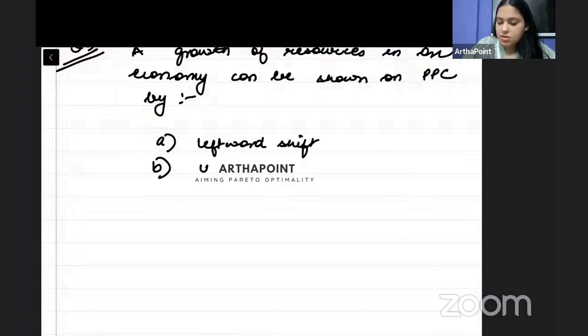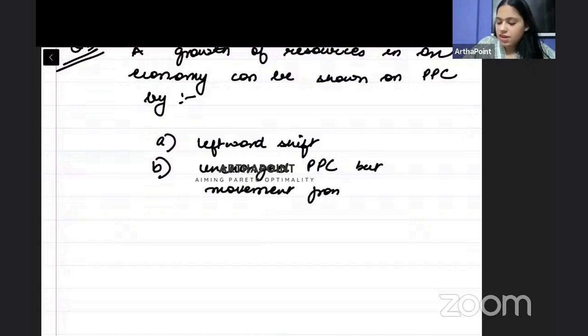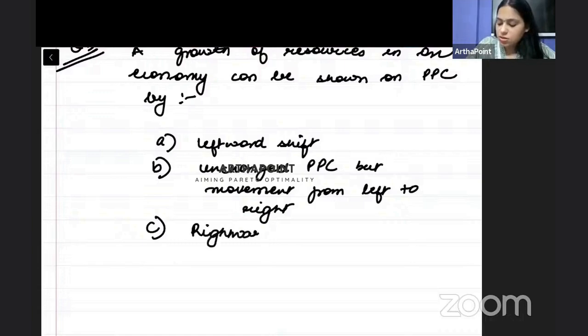Option number B, unchanged PPC, but movement from left to right. Option number C, rightward shift. Option number D, movement from right to left.